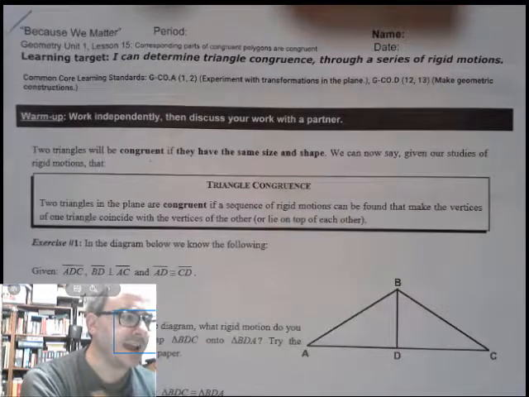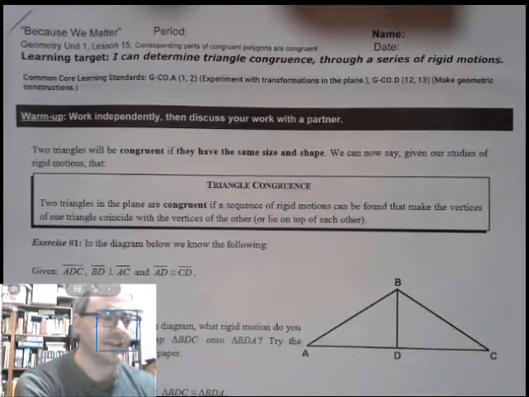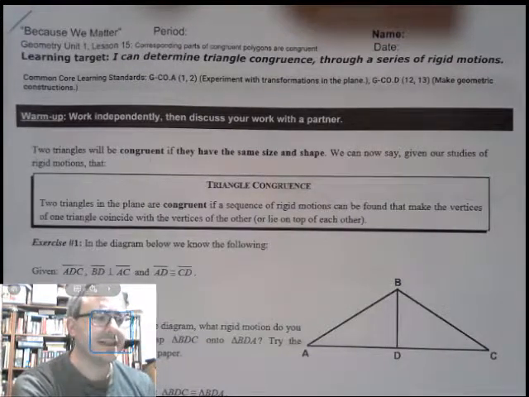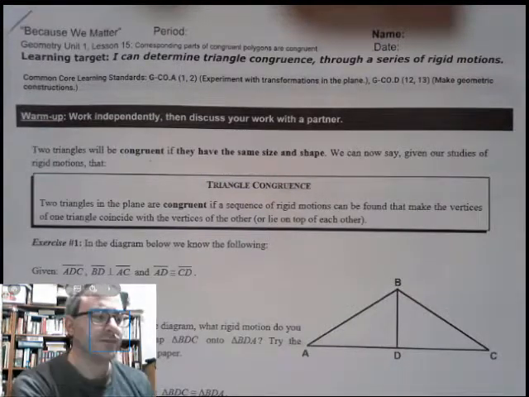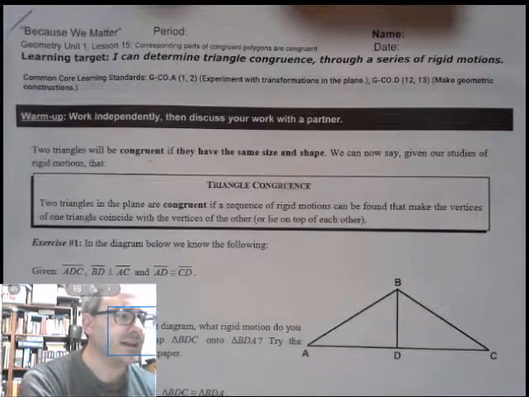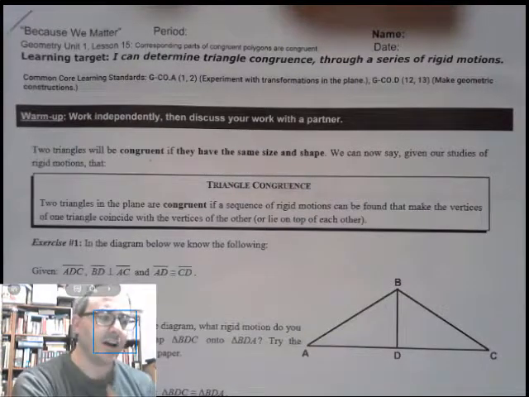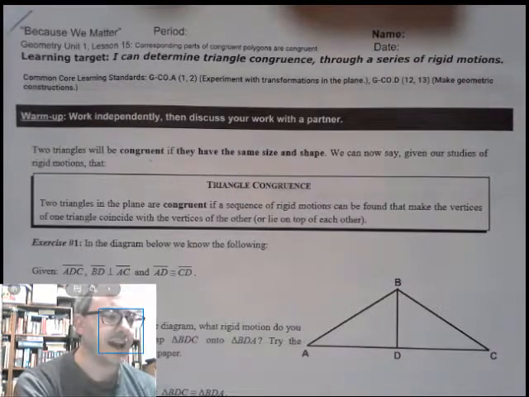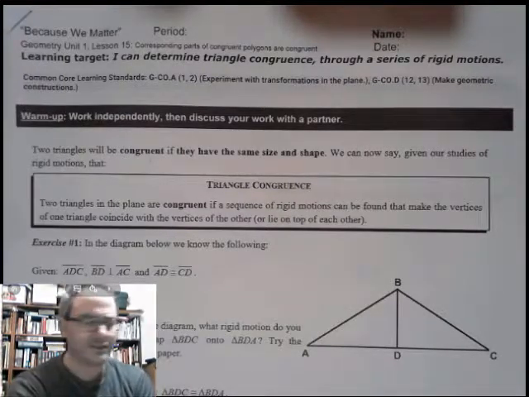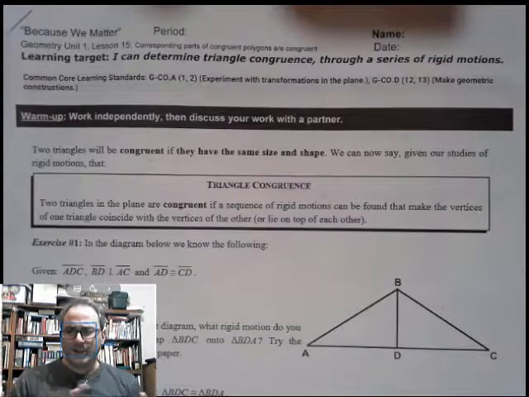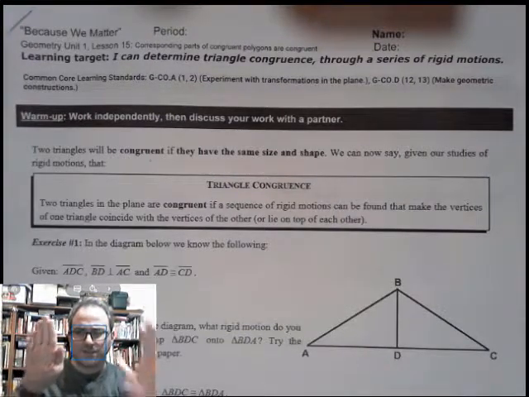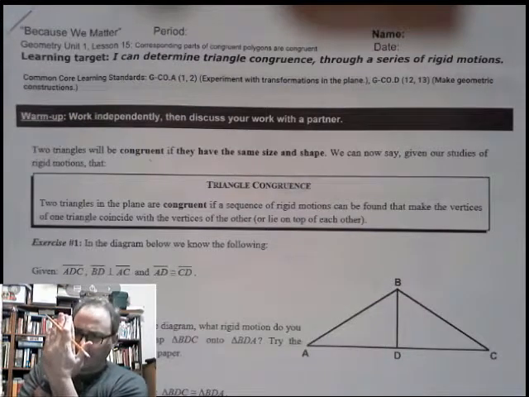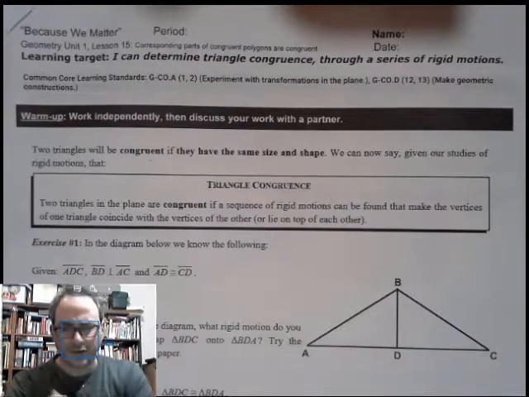We can now say, given our studies of rigid motions, that two triangles in the plane are congruent if a sequence of rigid motions can be found that makes the vertices of one triangle coincide with the vertices of the other, or lie on top of each other. So this idea is that if we can take these two triangles and through rigid motions, like a reflection, I can make this one pop on top of that one perfectly, and those are two congruent triangles.